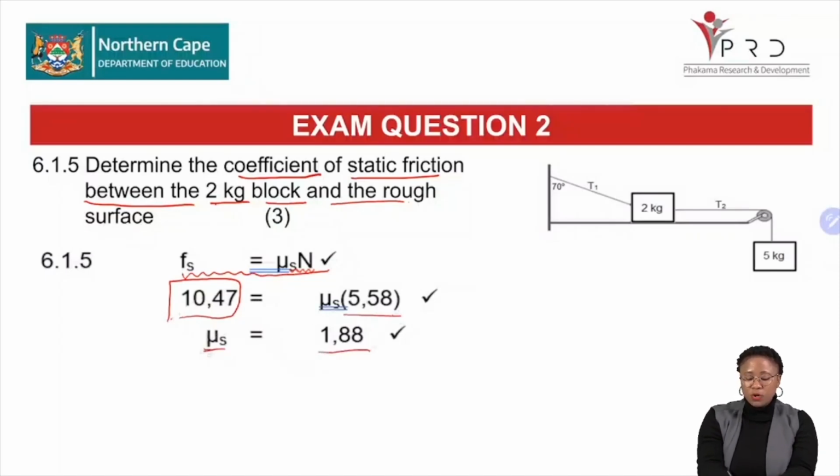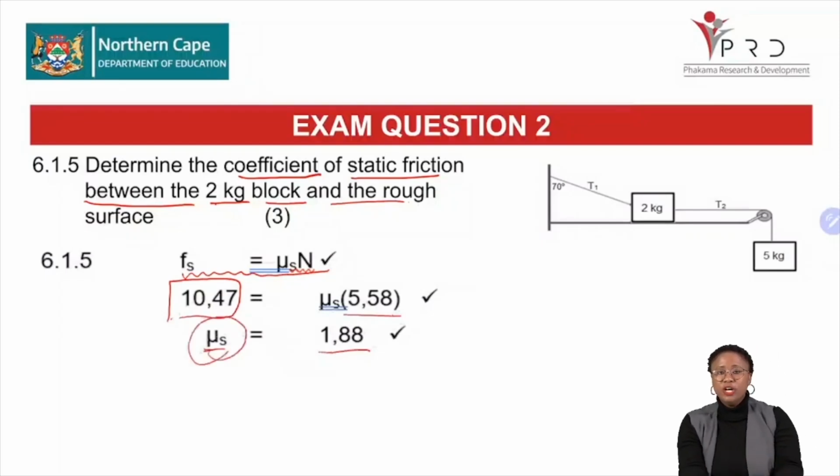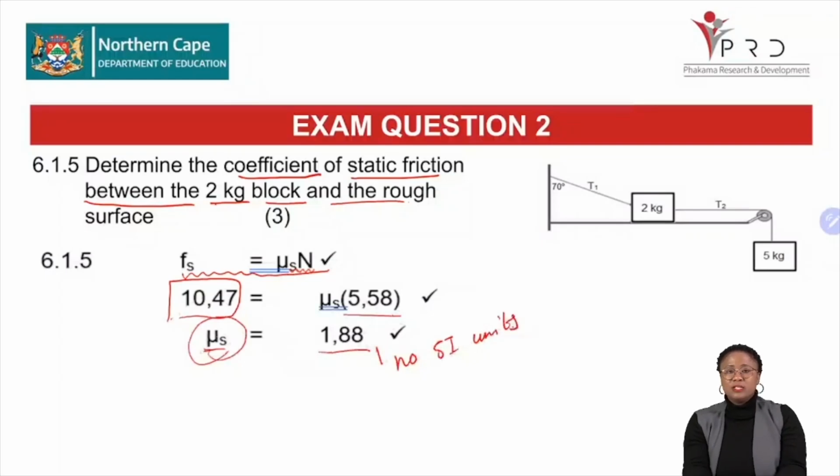And remember, because the coefficient of static friction is a ratio, it does not have SI units. Remember, there are no SI units when you are dealing with the coefficient of static friction or the coefficient of kinetic friction.